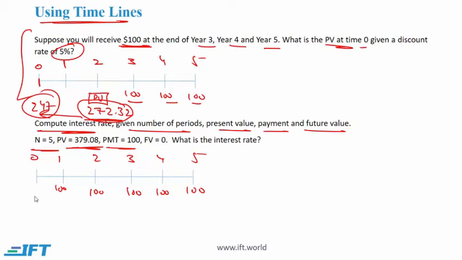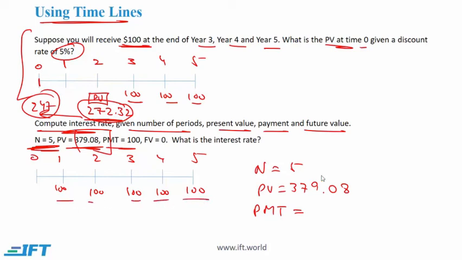To come up with the interest rate, we say that n is equal to 5. We plug in the present value, which is 379.08. But then when we plug in the payment, we need to make this a negative number, because we are calculating the interest rate, which is going to make the present value of these 5 payments equal to 379.08.